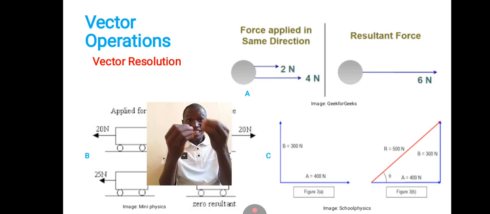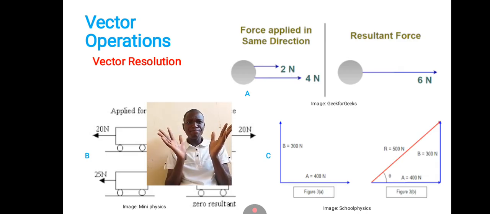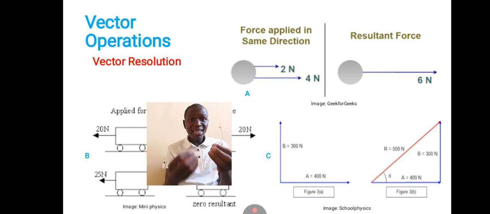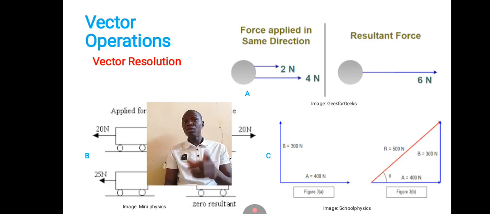What is the resultant effect? The resultant effect is the sum of the two forces. Simple. So it means the resultant force acting on that object is 2 plus 4, which is equal to 6 Newton.